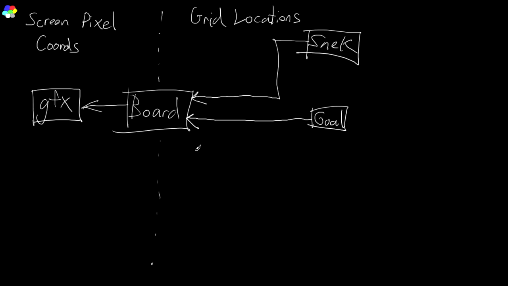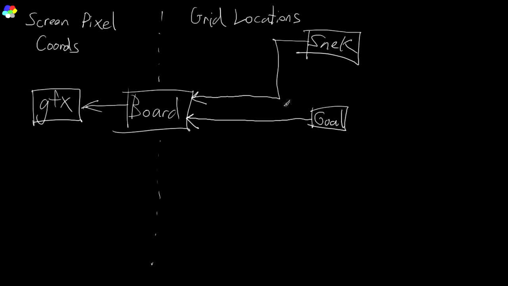We're going to create a board class, and that board class is going to be responsible for drawing the grid onto the screen. And then the snake and the goal, they are going to draw themselves to the board. So the snake and the goal, they are only going to know about grid locations in grid space. They aren't going to be aware of pixels.